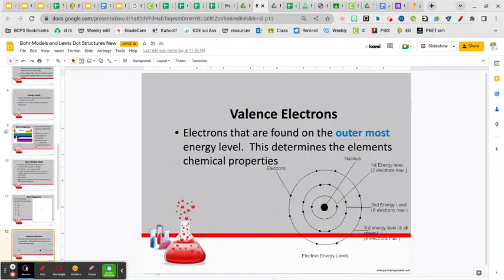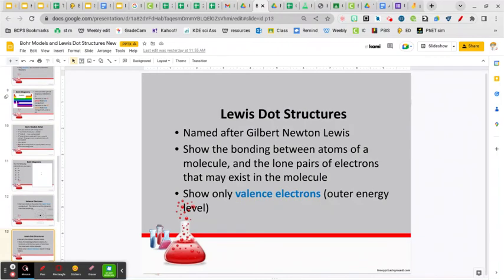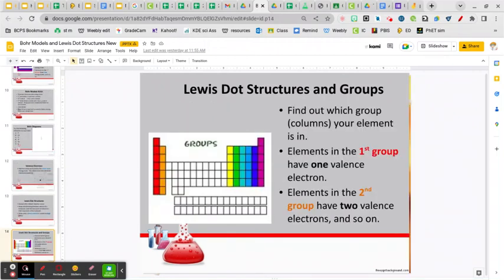All we're really concerned about are those outer valence electrons, so we find a way to write a quick symbol that just tells us the valence electrons. But it also shows us about lone pairs that might exist. That is why I was doing the north, south, east, west thing and pairing things up that way. But the important thing is we're only showing valence electrons.